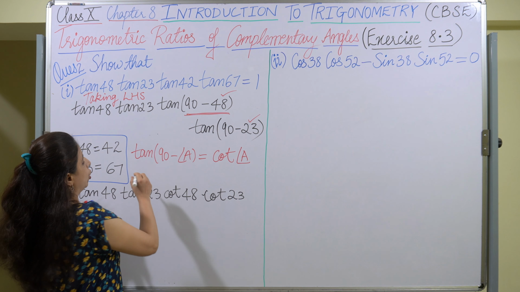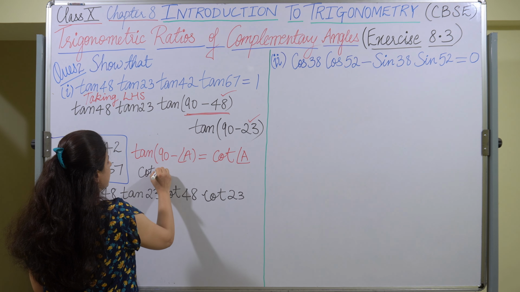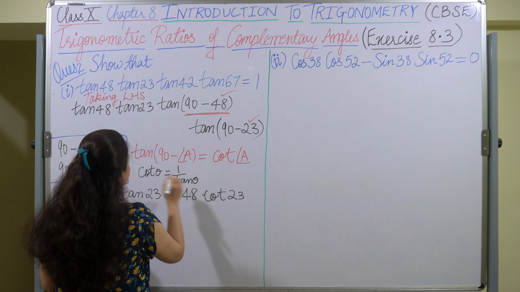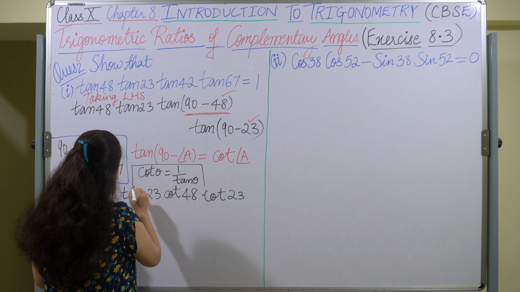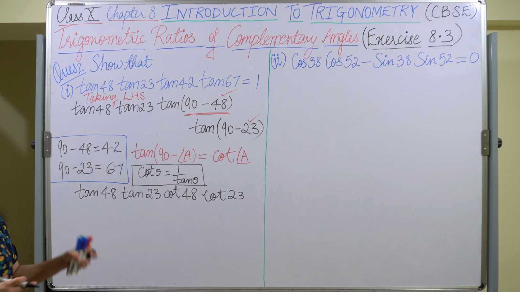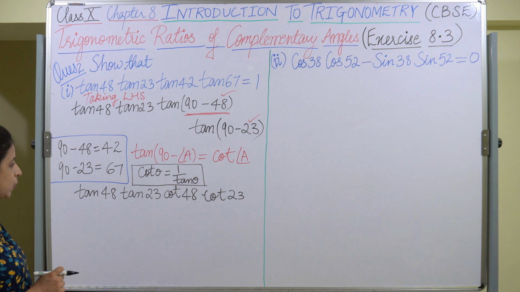Now we also know that tan and cot are reciprocals of each other. Cot theta is always equal to 1 upon tan theta. Right from the starting we are learning this fact.